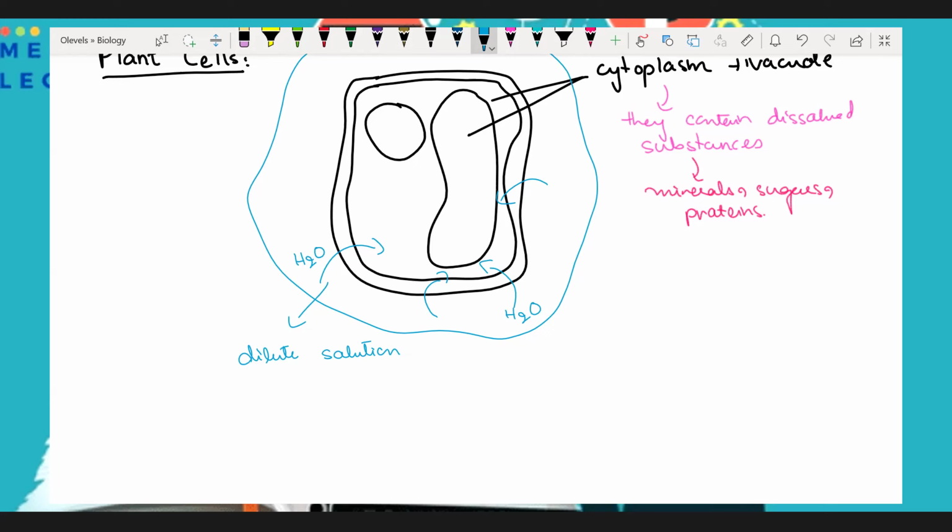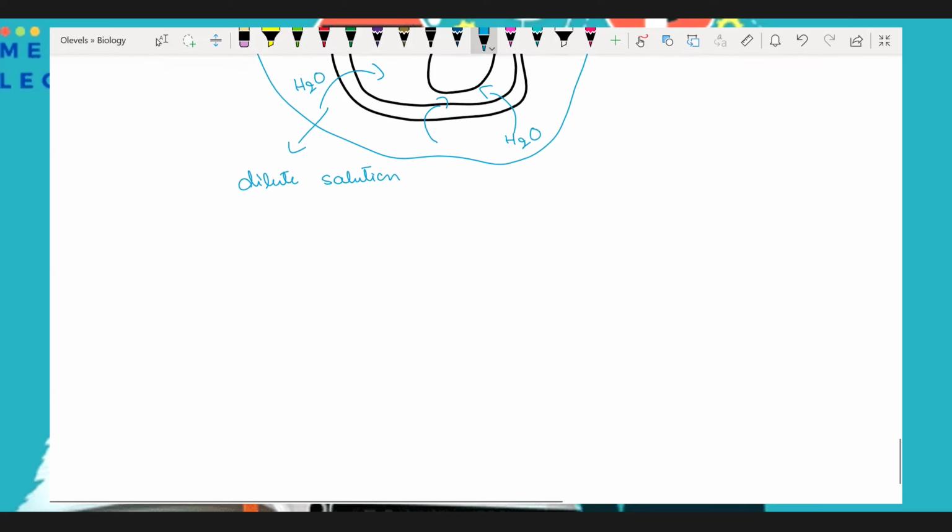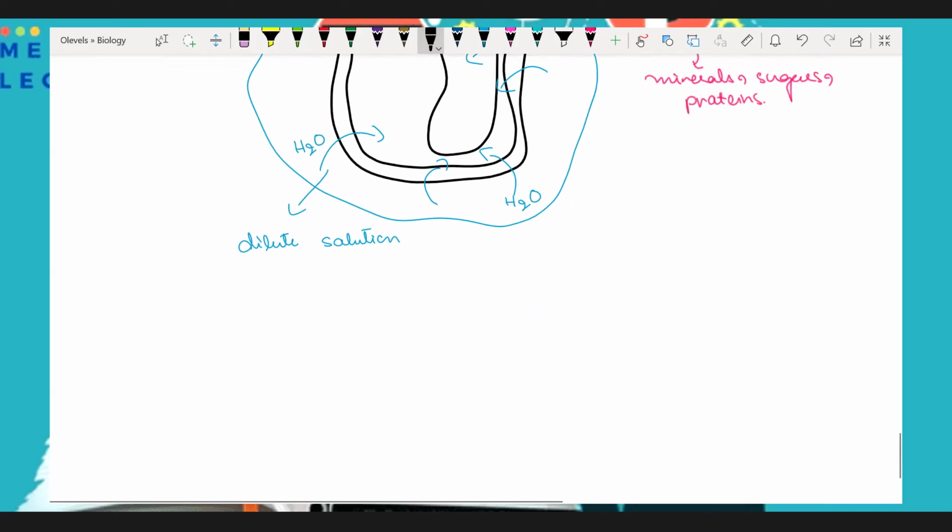Now what's going to happen as this water enters into this vacuole? Okay, let me draw the cell again.